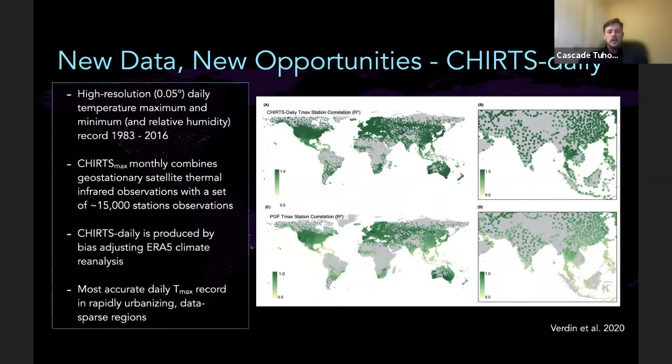And then it bias corrects the ERA5 climate reanalysis product at 0.05 degrees, which is higher resolution than any other daily temperature record to date. It's also shown to be more accurate than ERA5 in measuring extreme heat days, and to correlate more accurately with station observations than other data sets like the Princeton Global Forcing data set.